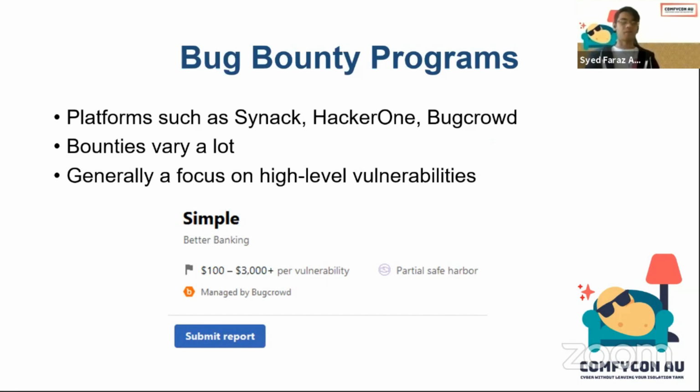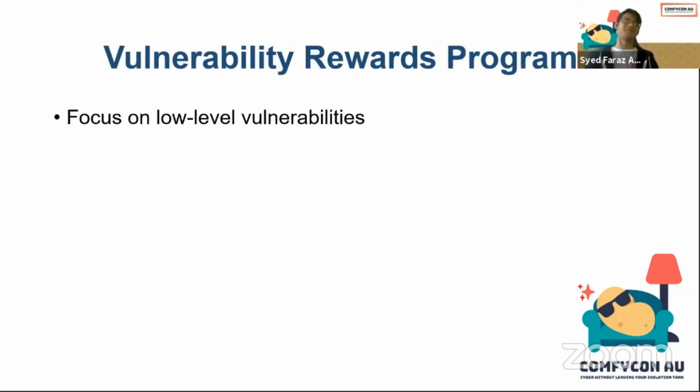The next thing I move on to is vulnerability rewards programs. Now, these are similar to bug bounty programs, except they're on their own sort of platform. These programs essentially let you test huge, very widely used, very well-known software. This can include things like Windows, the operating system, Chrome, the browser, Firefox, the browser, things of that nature, right?